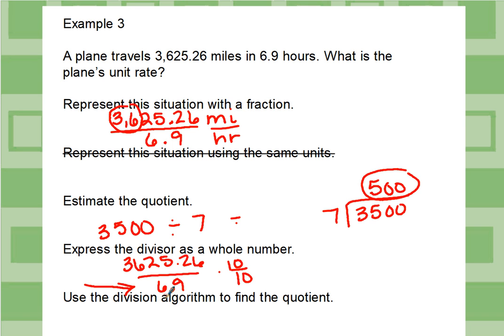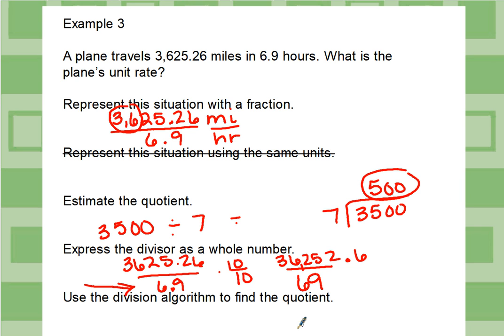By doing that, my new denominator becomes 69, which is definitely a whole number. And then our numerator, by multiplying it by 10, only changes it to 36252.6. So in that one, it still has a decimal, but it can have it. The divisor's the one we want to make sure it doesn't.